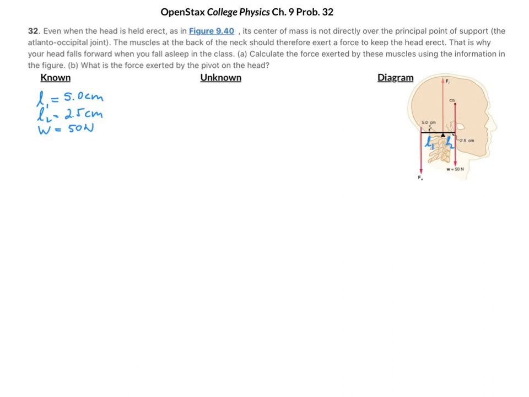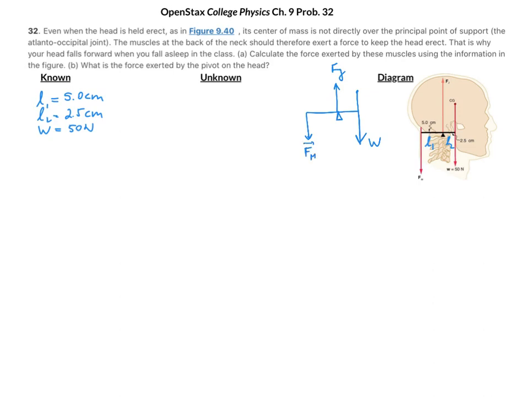I'm going to redraw this and just make the forces a little bit more clear. So I have a center of gravity up here. This is where the weight is. I have the pivot over there, and this force is the force of the joint. And then the force of the muscle goes down this way, and that's F sub m.